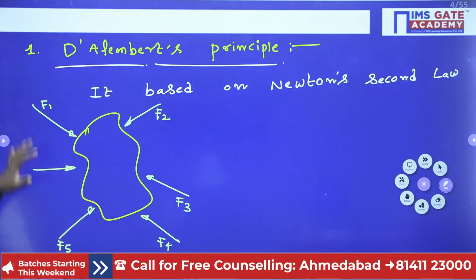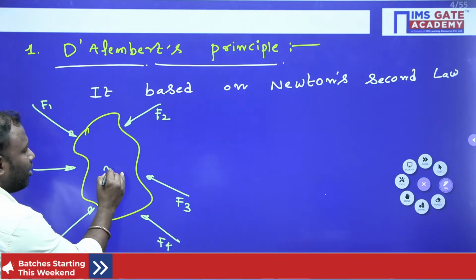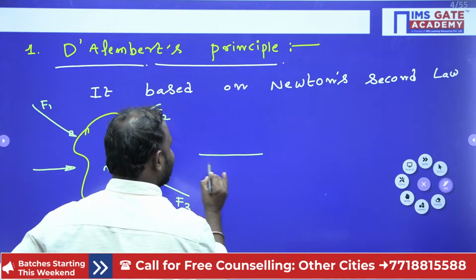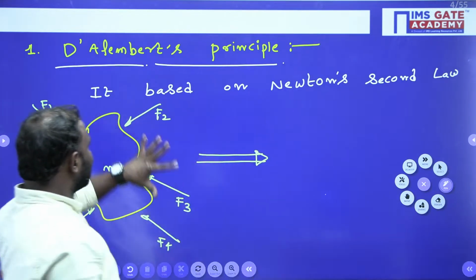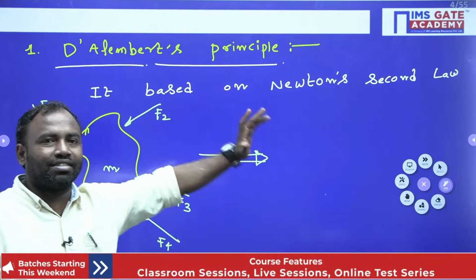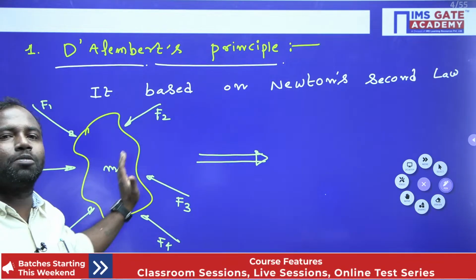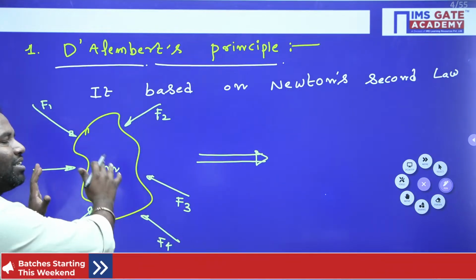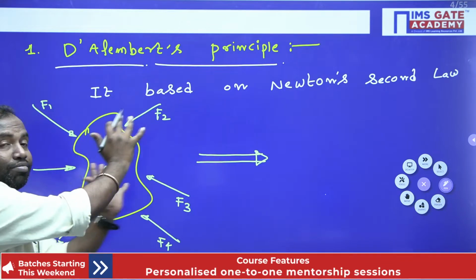These forces are acting on a body of mass m such that it creates some acceleration in the direction of motion. Suppose the net force acting on the body moves the body in this direction, such that acceleration is created on this body in this direction. Are you getting my point? So, acceleration acts in the direction of motion of a body.